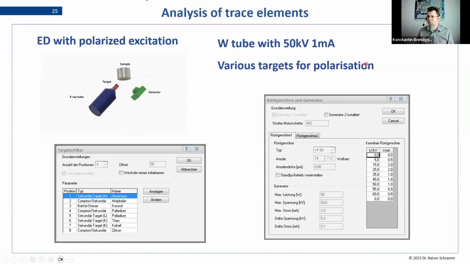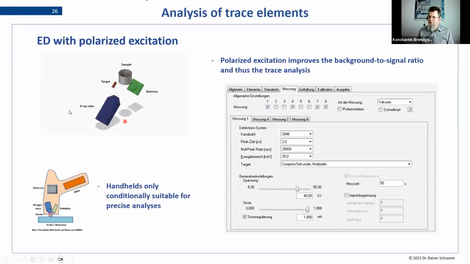This is actually quite important here, because what does polarization target mean? We can see in our schematic here, the X-ray tube first hits a target, and then this one reflects the X-ray onto our sample. Why is this so important?